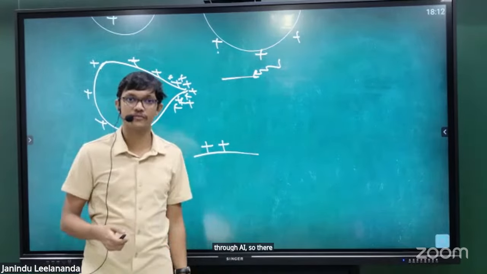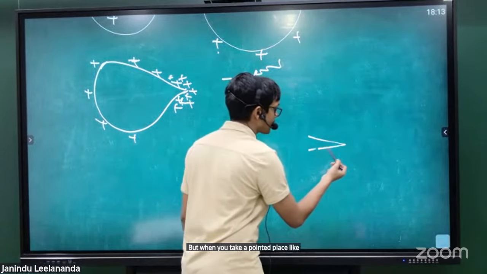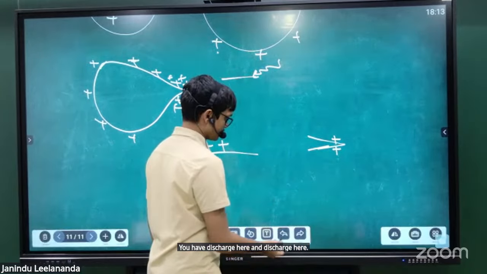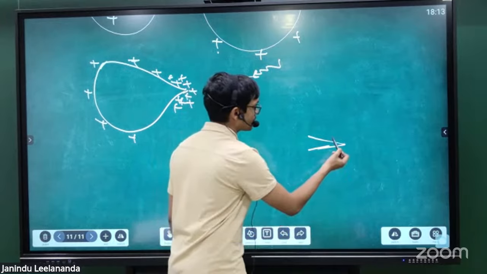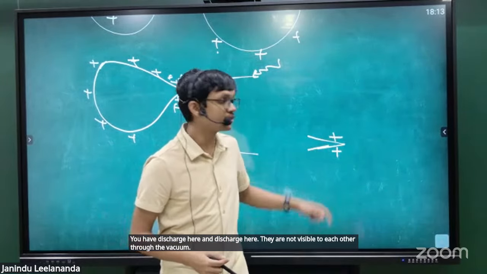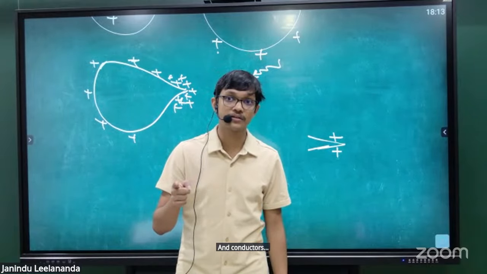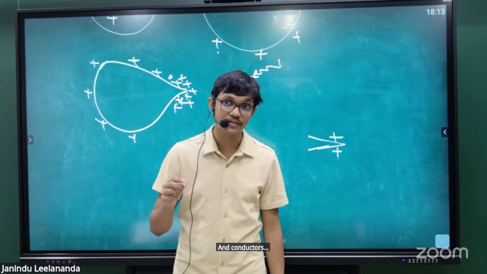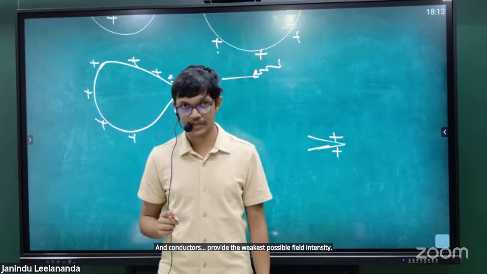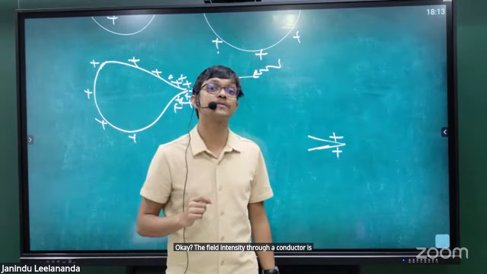Clear? But when you take a pointed place like this, you have this charge here and this charge here. They are not visible to each other through the vacuum. They are visible to each other only through the conductor, and conductors provide the weakest possible field intensity. The field intensity through a conductor is almost zero.